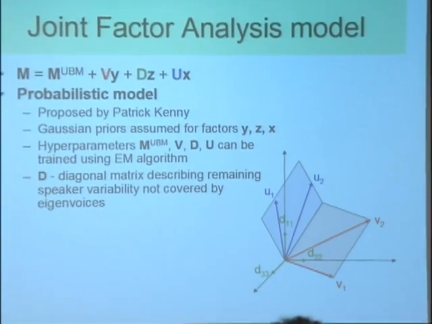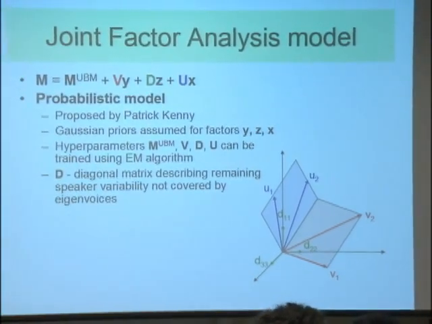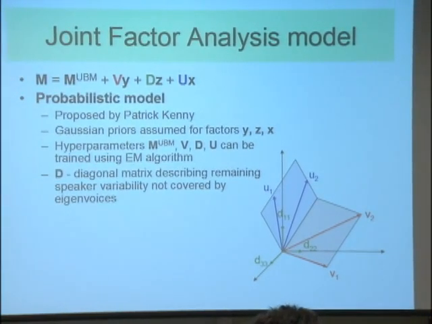And this defines a probabilistic model that can be fully trained in a probabilistic way using the EM algorithm and things that we know from machine learning and training probabilistic models.